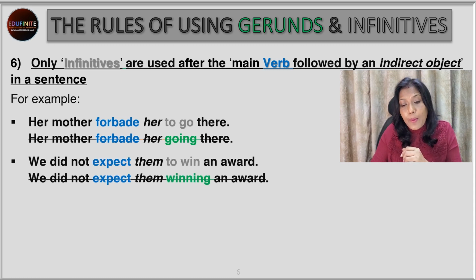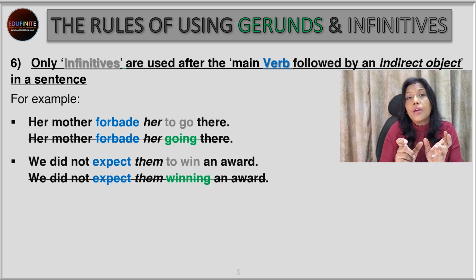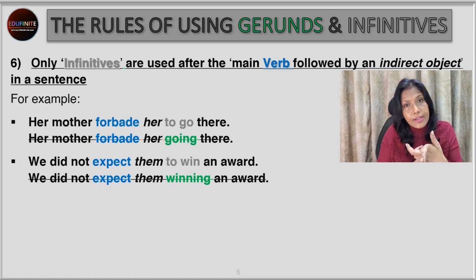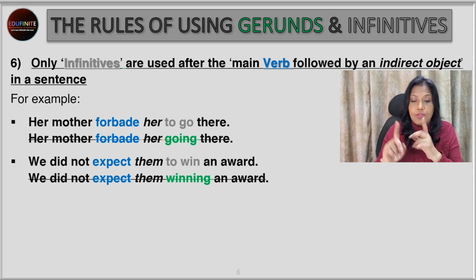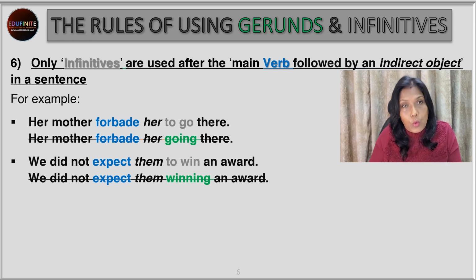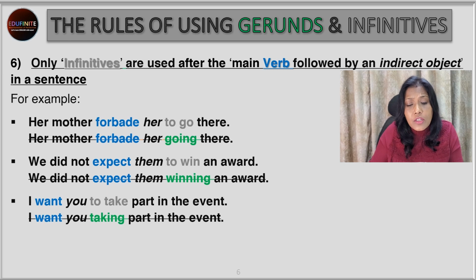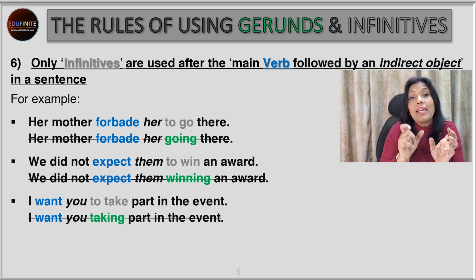Let's look into some more sentences. We did not expect them to win an award. So again, expect, after that we have the pronoun them. That's the indirect object. So after the indirect object, we have to use the infinitive. So it's to win. And we cannot say we did not expect them winning an award. That's wrong. I want you to take part in the event. So want is the main verb, and we have you as the indirect object.